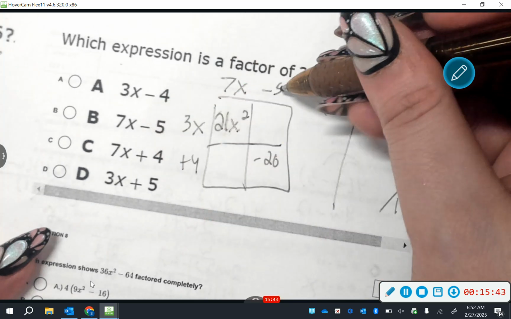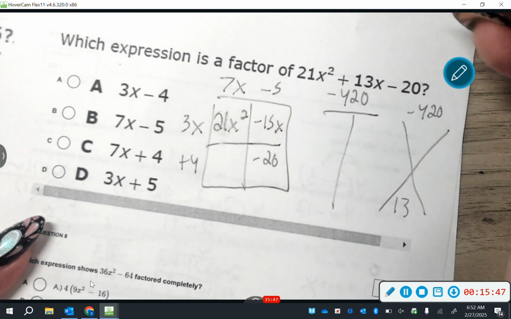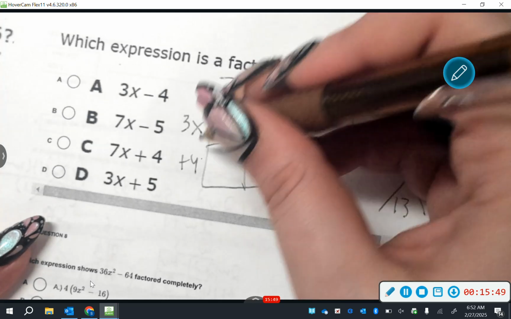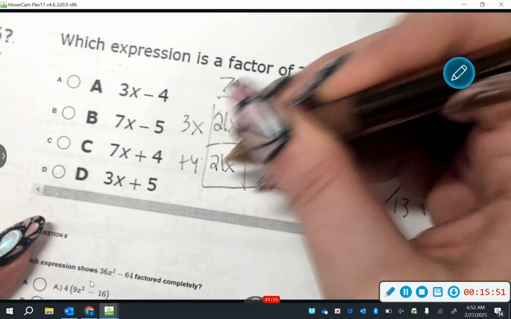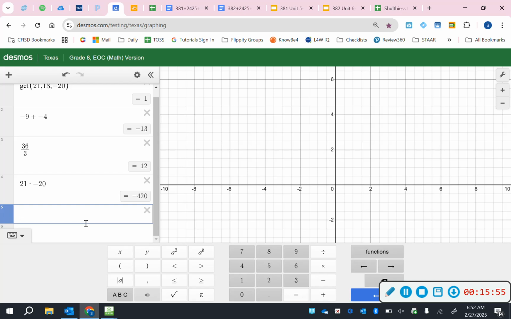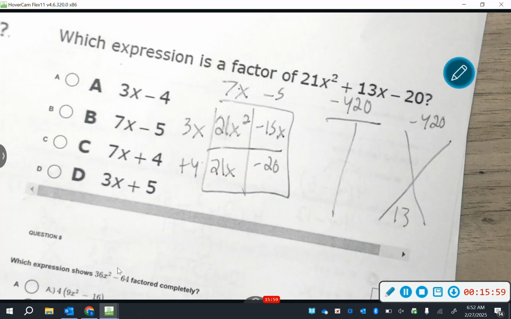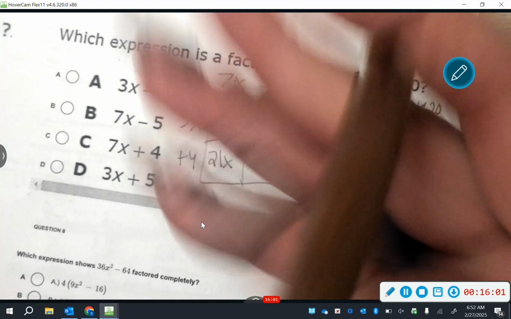3 times negative 5 is negative 15x. 7 times 4 is 28x. What's 28 minus 15? Does that get us 13? 28 minus 15 gets us 13, so that's it. Let me try flipping it.